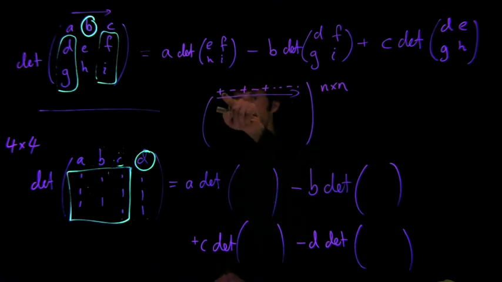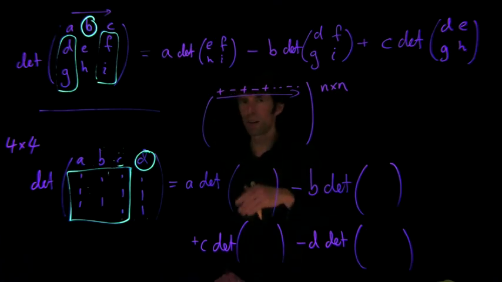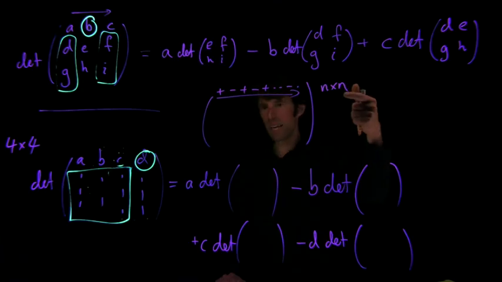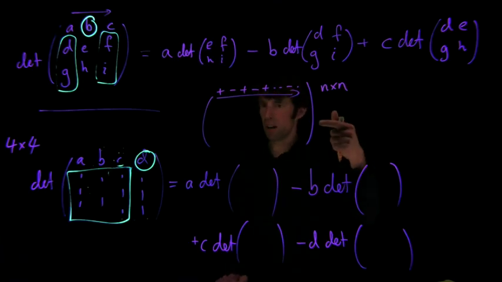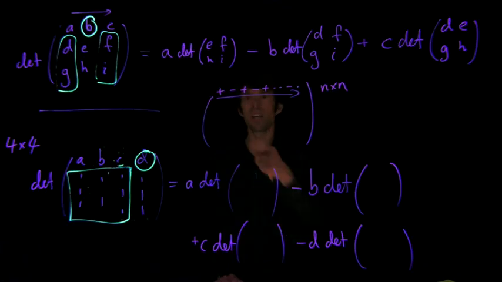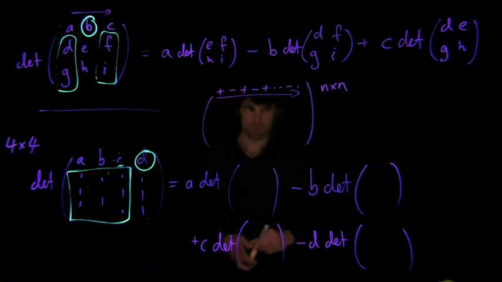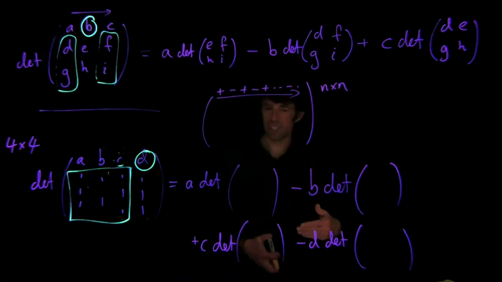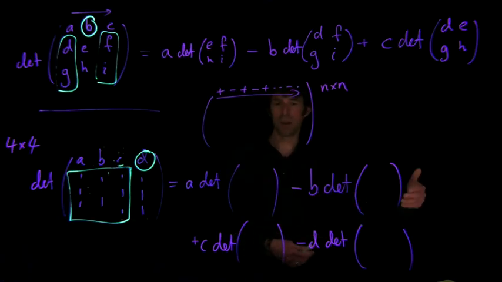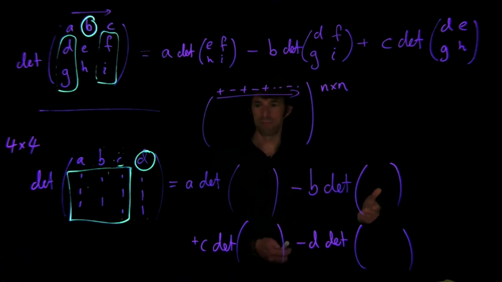We do the first entry times the determinant of its complementary block, minus the second entry times the determinant of its complementary block, plus, minus, and so on. This defines an n by n determinant in terms of the n minus 1 by n minus 1 determinants of various submatrices of this big matrix. And if you can define n by n determinants, then inductively you define n plus 1 by n plus 1 determinants and so on.